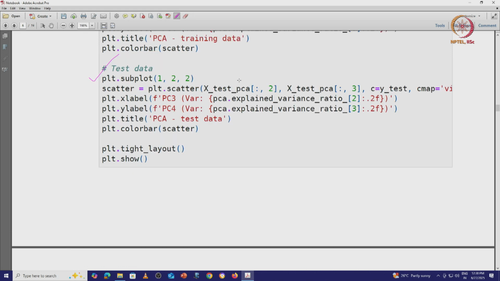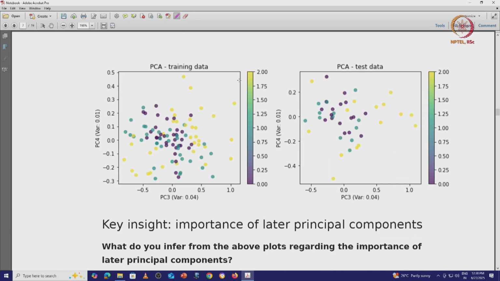For these principal components, PC4 which explains 1% of the variance, and PC3 which explains only 4% of the variance, you can see that clearly not much information is revealed if you plot the data points in the space of the later principal components. This illustrates that the utility of the principal components goes down and down as you go to lower and lower explained variance.